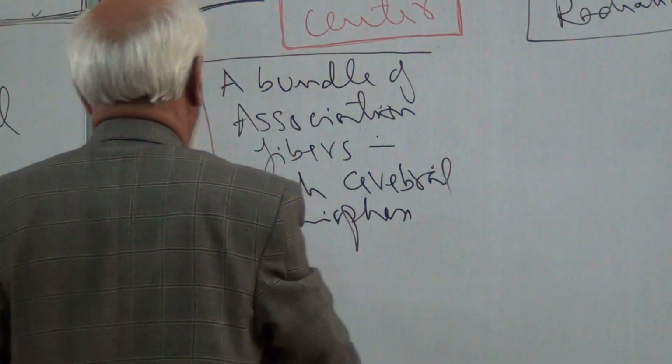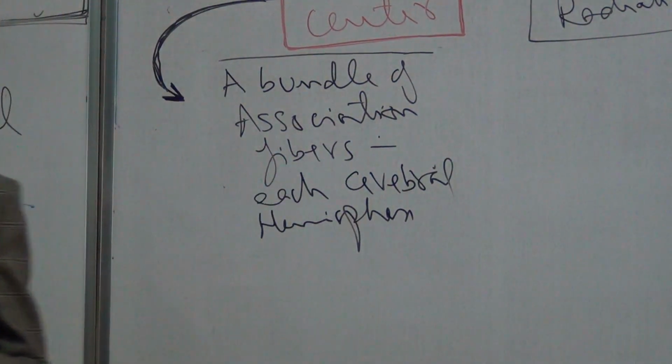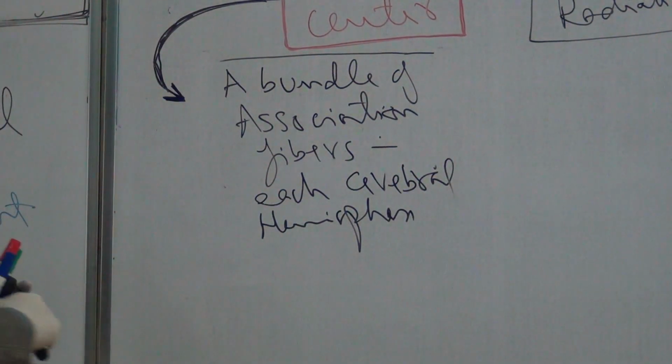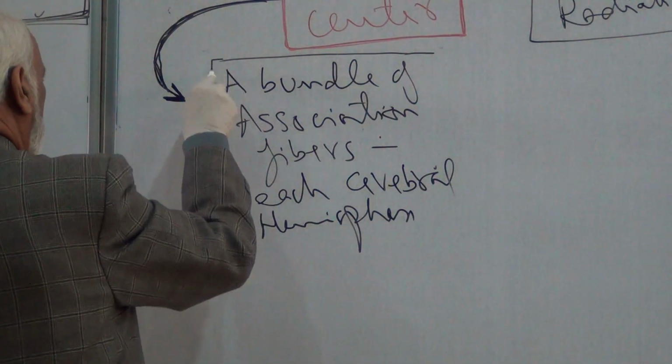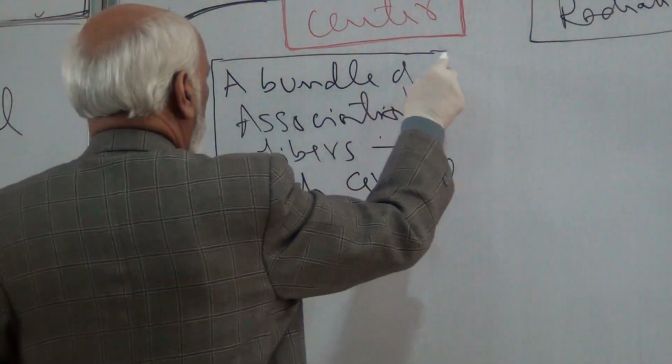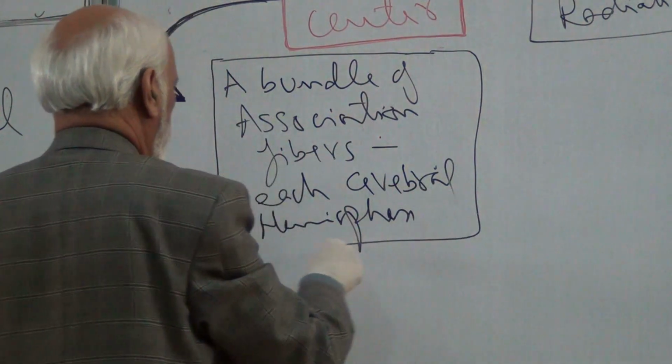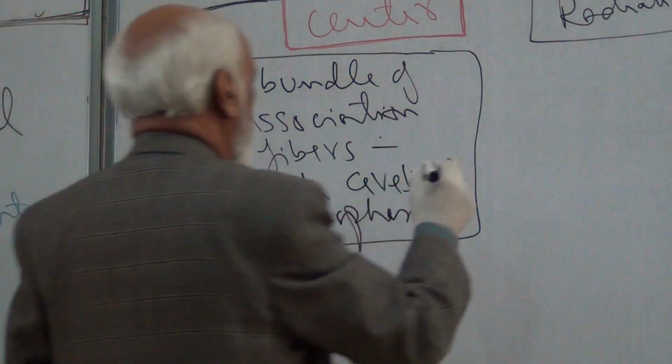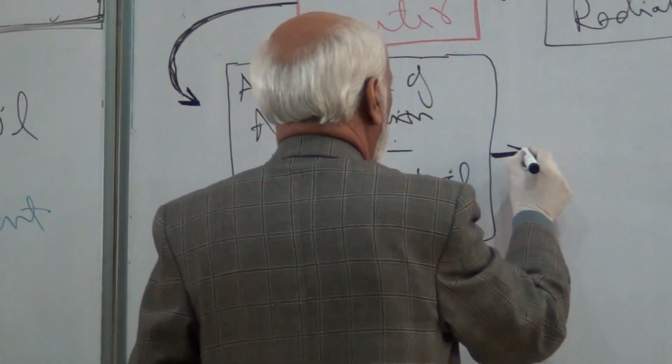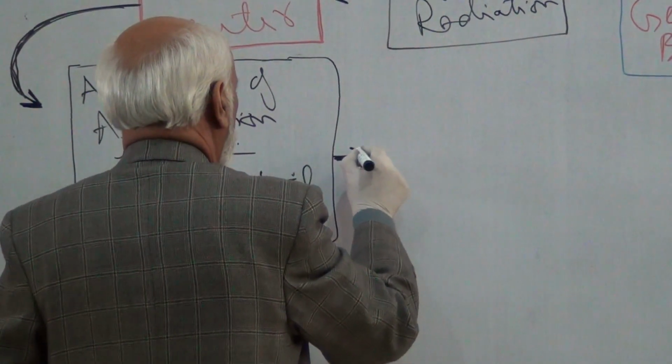These fibers, which arise from the visual cortex in the occipital lobe, run forward in each cerebral hemisphere and relay in the frontal eye field.